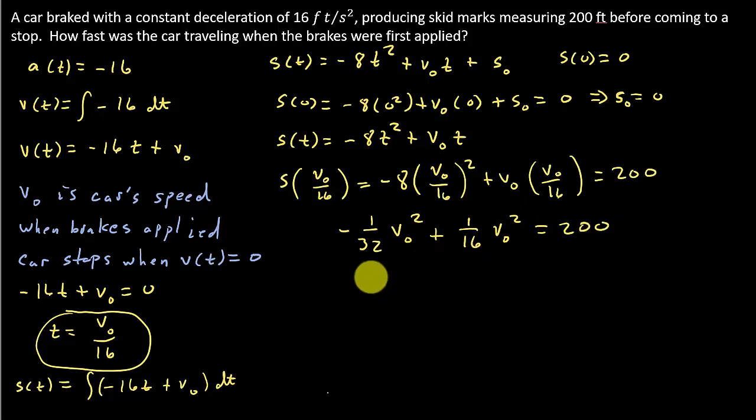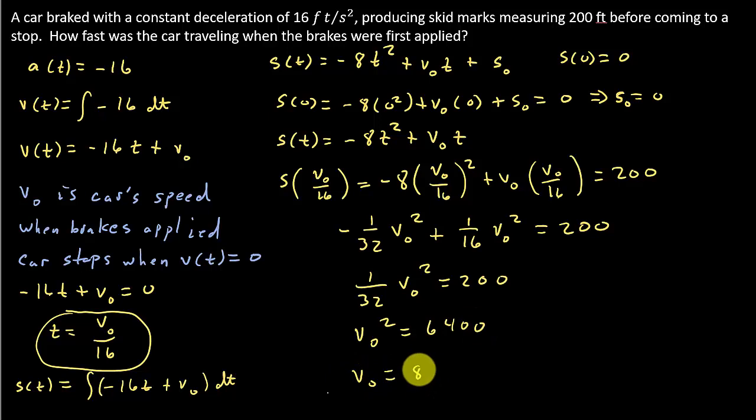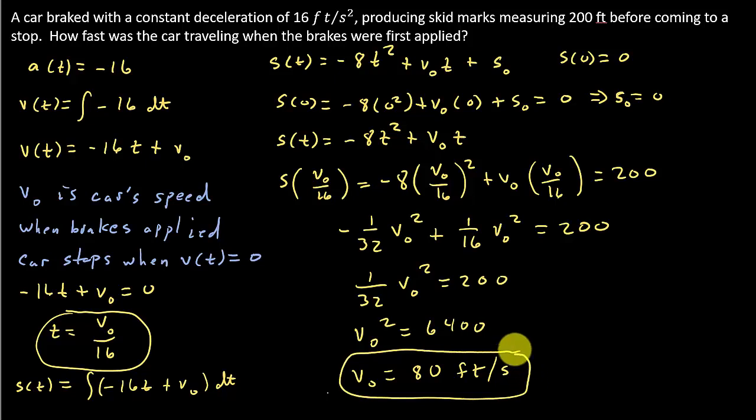Combine like terms here, I get 1 over 32 v0 squared equals 200. So v0 squared is equal to 6,400. So I get v0 is equal to 80 feet per second. And there's my answer. Yes, this is plus or minus, but we don't use the minus because we're not going to have negative feet per second. So 80 feet per second is the velocity of the car when it first applied its brakes.